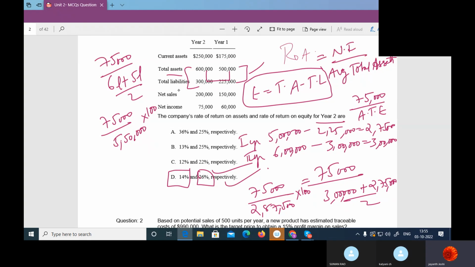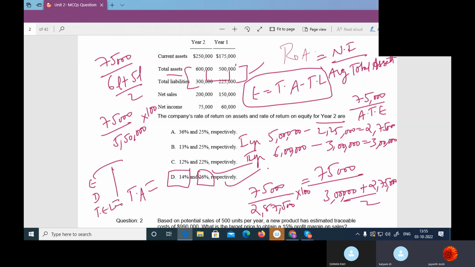Then I've written this clearly here. 75,000 divided by total of assets. We have taken the average of that and got the return on assets. And return on equity is total of assets minus liabilities, which is equity. This is in your balance sheet. Your total of assets is this, and your equity plus debt is the total of equity and liabilities.